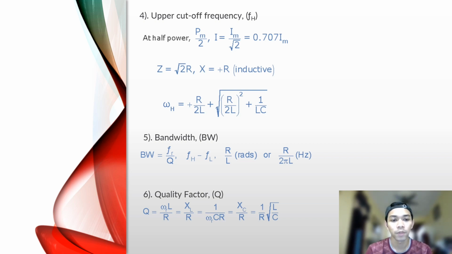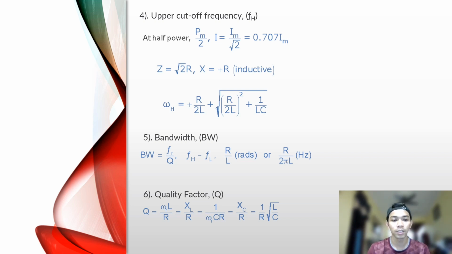For number 5, bandwidth BW equals fr over Q, equals fH minus fL, equals R over L in radians, or R over 2 pi L in hertz.